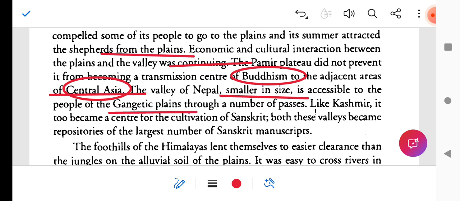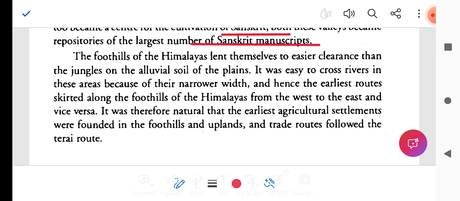Okay, the valley of Nepal, smaller in size, is accessible to the people of the Gangetic Plains through a number of passes. Like Kashmir, it too became a center for the cultivation of Sanskrit. Both these valleys became repositories of the largest number of Sanskrit manuscripts, and in 2024, I think 2025, this year, UPSC asked one question related to Buddhism, about a scholar from Kashmir who went to Tibet to spread the message of Buddhism, and his name was, I think... I am not remembering this.